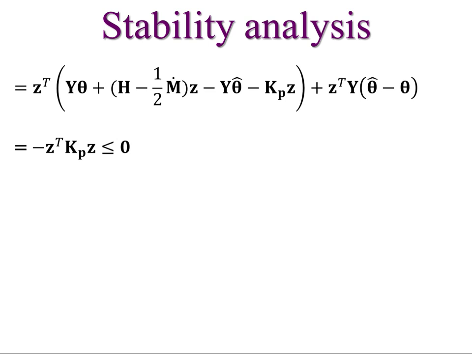Since Kp is a positive definite matrix, V dot will be negative. Therefore, it is shown that V decreases monotonically with time, proving the stability of the control system. Note, however, that the estimated parameter vector theta hat has not been proven to converge to the actual parameter vector theta.